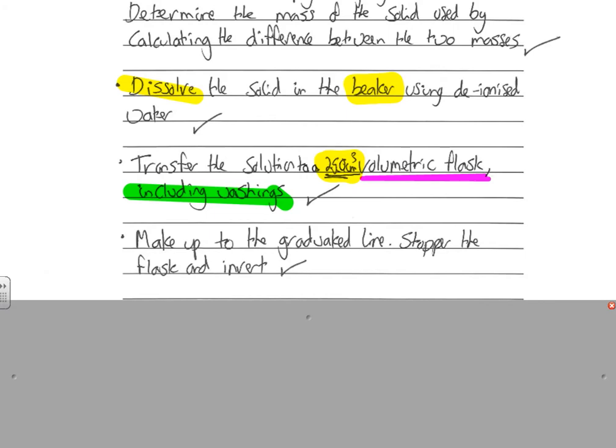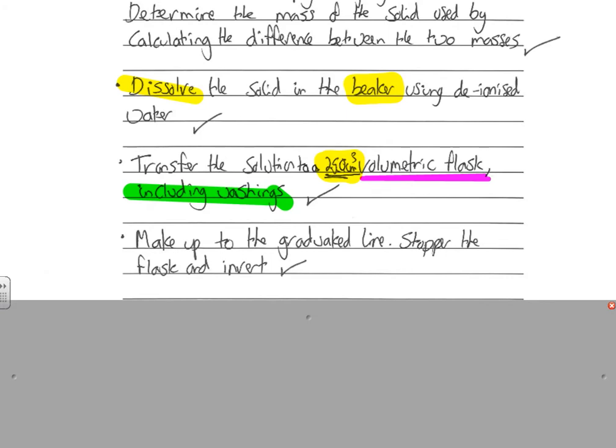Some of you would have picked up on the hint in the question that you need to make 250 centimetres cubed of solution, and you may have said that you're going to take the solid and dissolve it in 250 centimetres cubed of water. And if you did that, you may be wondering why your answer has been marked wrong. Well, because actually in real life you would need a little bit less than 250 centimetres cubed of water.